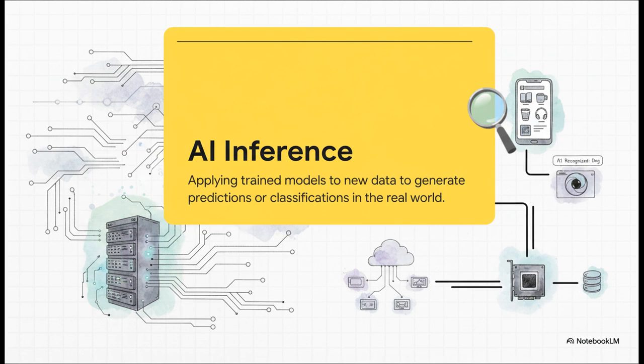This is the payoff. The model's already trained, it's done its homework, and now it's out in the world doing its job, making predictions on new data. You know, when a streaming service suggests a movie or your phone's app identifies a flower in a photo, that's inference. And here's the key. The infrastructure it needs to do that job is completely different from what you need for training.